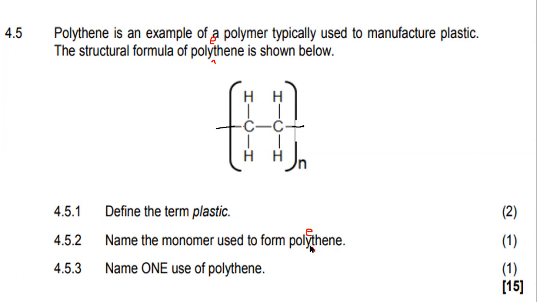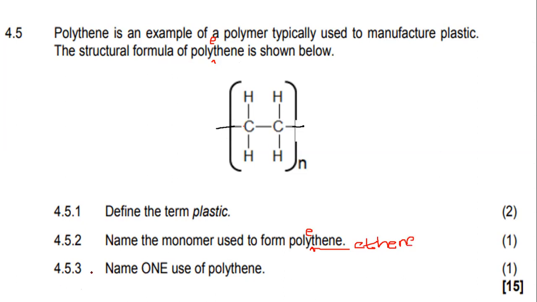So I have a lot of ethenes there, which are my monomers, because they are the ones that are joining covalently to each other in a repeating pattern. So our answer there is going to be ethene. So the monomer is ethene and the polymer is polyethylene.